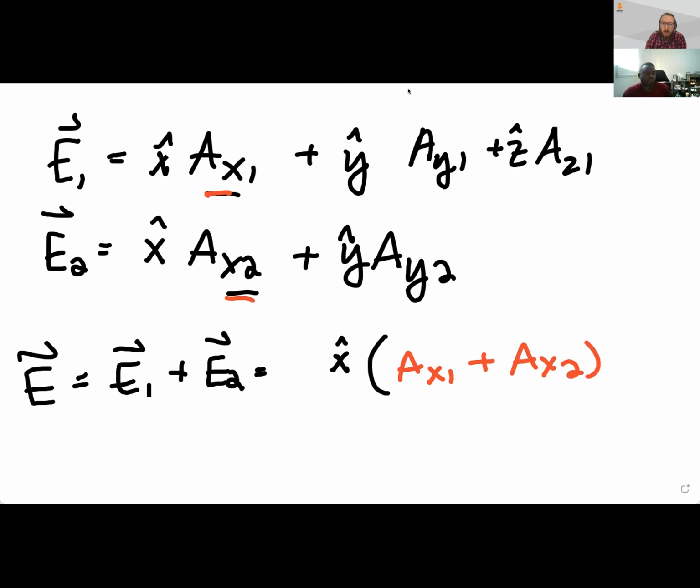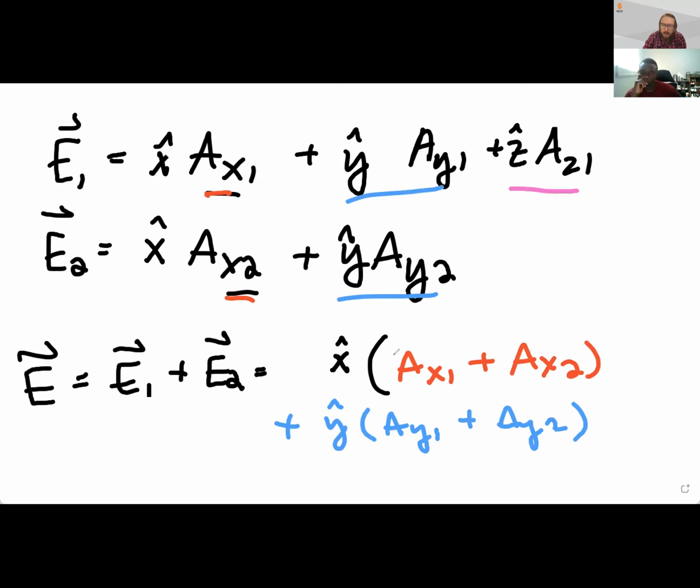And then the Y. What the superposition is saying is that you just add all of these up. It doesn't matter what field E1 and E2 is, you just add them together.